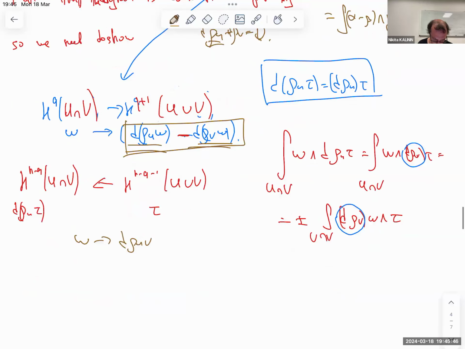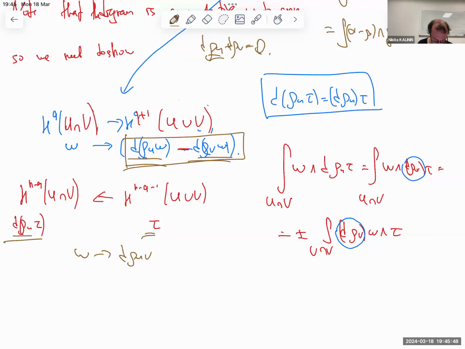Here I have tau, like that, and here I have omega, it goes to this difference.